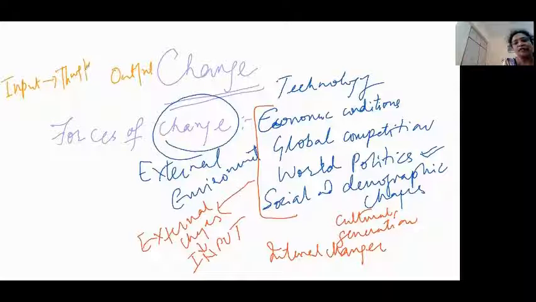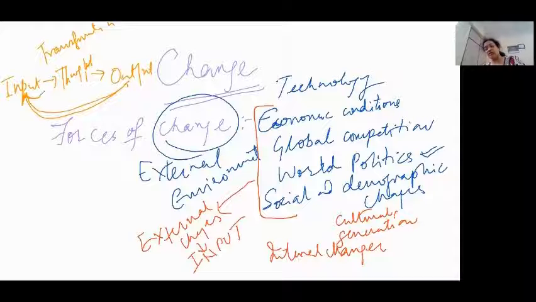Throughput is actually the transformation process, and then there is feedback. Never forget this feedback loop. I'll come back to this discussion, the importance of the feedback loop and the characteristics of a system, a little later, right? So these are all your inputs from the external environment.